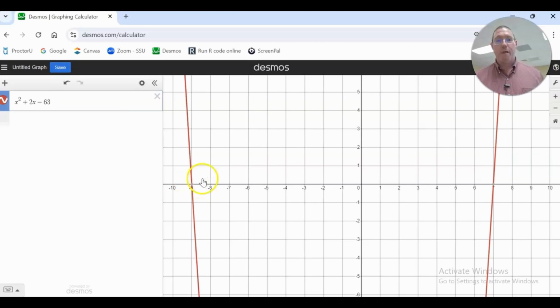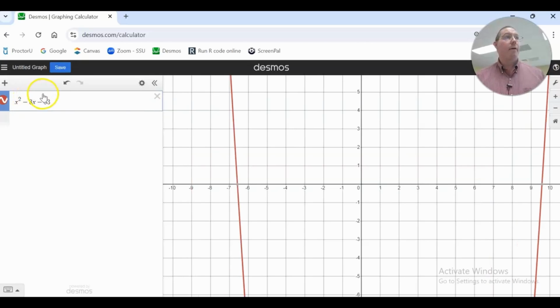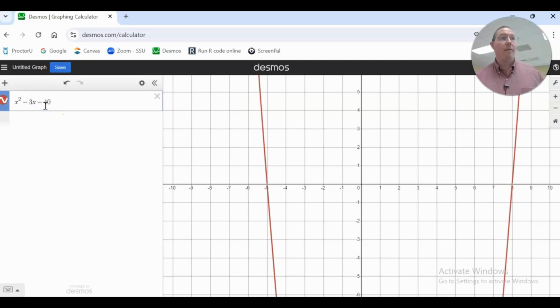The third one was x squared minus 3x minus 40, and we came up with x minus 8 and x plus 5. Here's +8, we reverse the sign, and it's x minus 8. Here's -5, we reverse the sign, and it's x plus 5, just like we found.